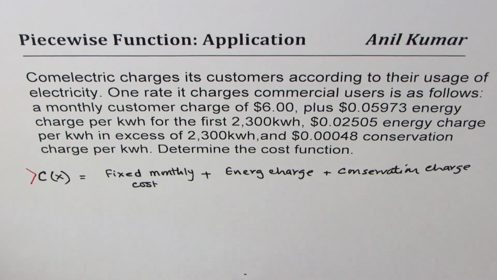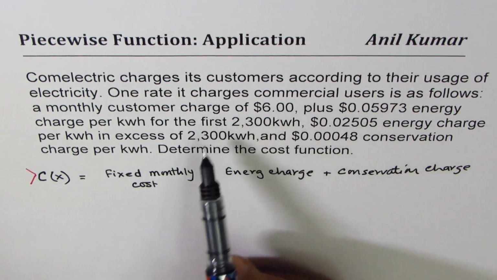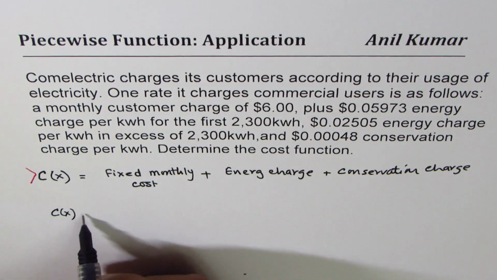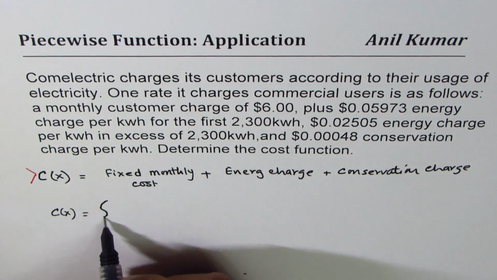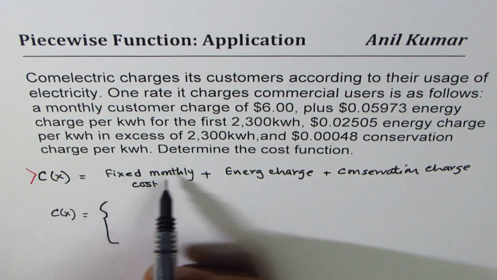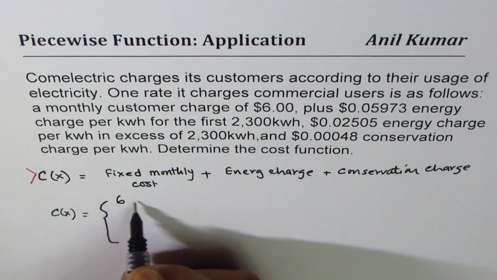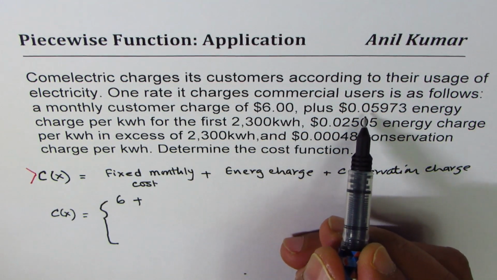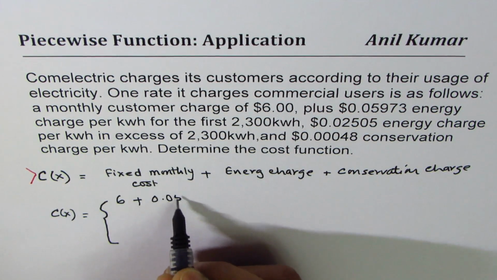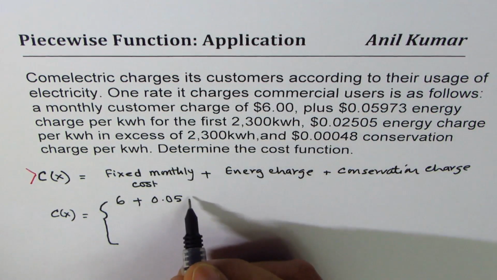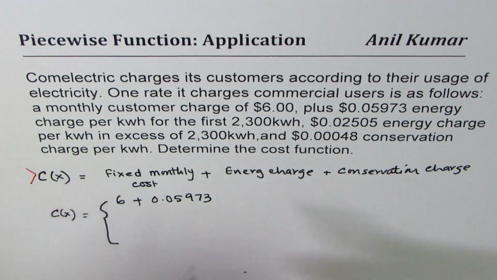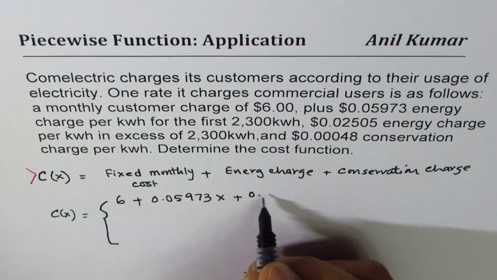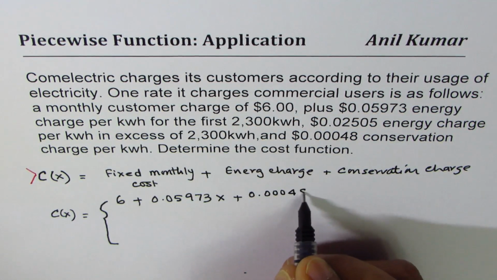So let me now redefine the piecewise function, taking care of all these charges. Piecewise is now related as two level charges. Fixed monthly cost is $6. Let me write this as 6 plus energy charge, which is at the rate of 0.05973 times X, plus conservation charge, which is 0.00048X.